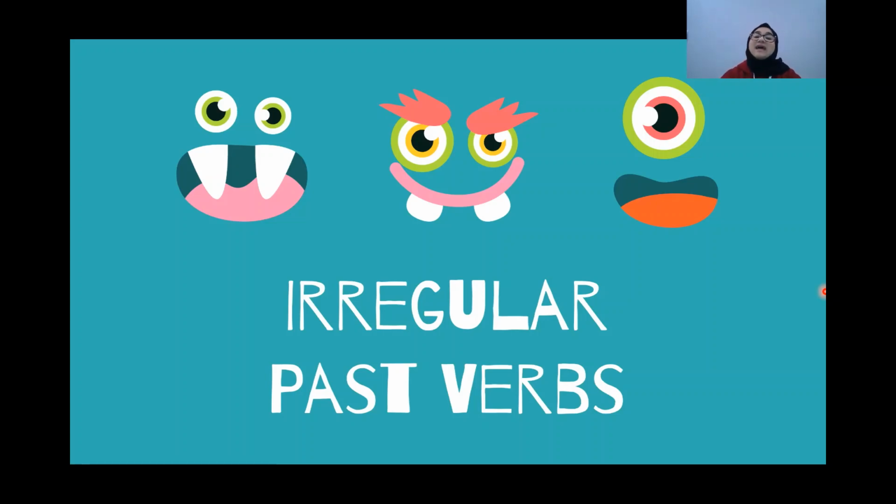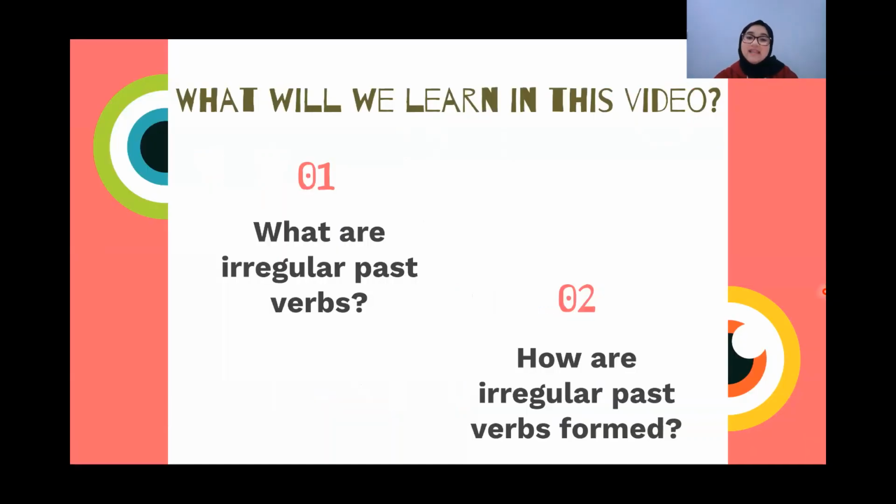Let's start. Our lesson is irregular past verbs, okay? Something very simple and very easy. Let's see what we are going to discuss in this video. We are going to answer two simple questions.